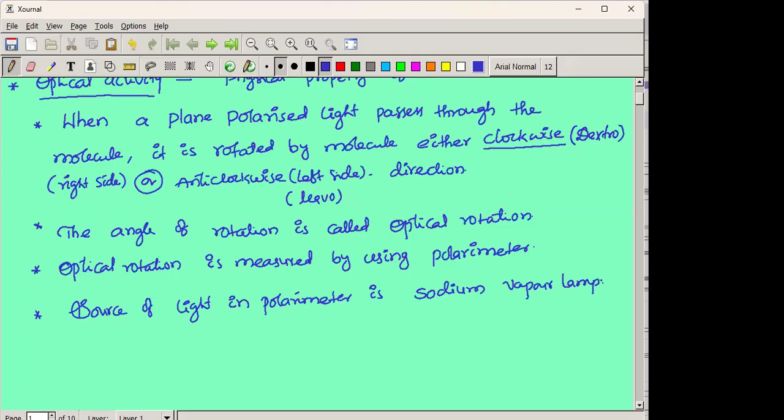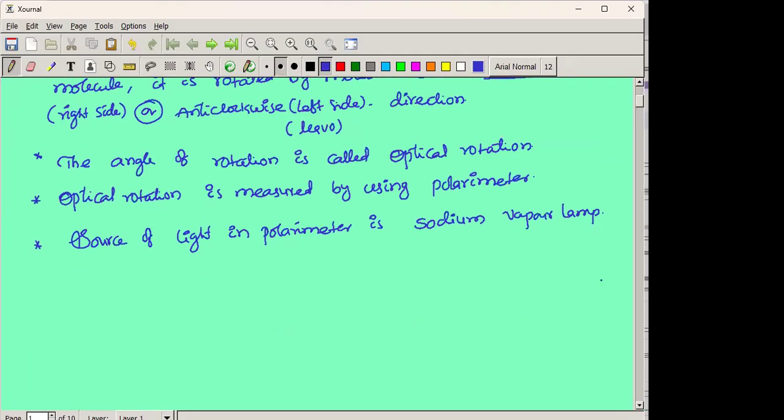So what is plane polarized light? What is monochromatic light? Monochromatic light is a light radiation with a single frequency. Here we use plane polarized light.